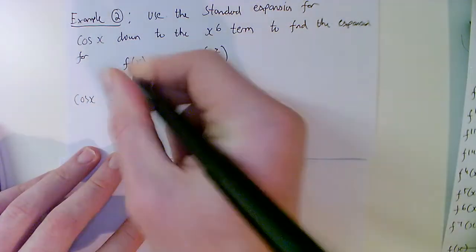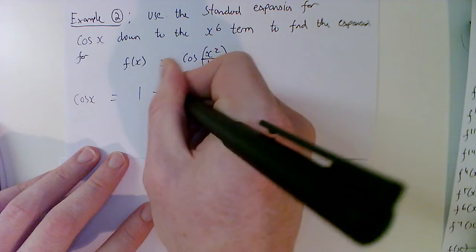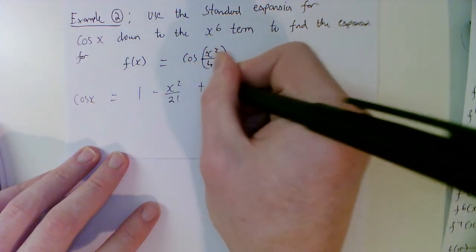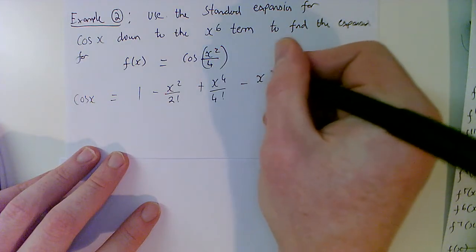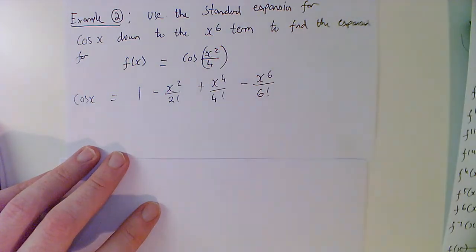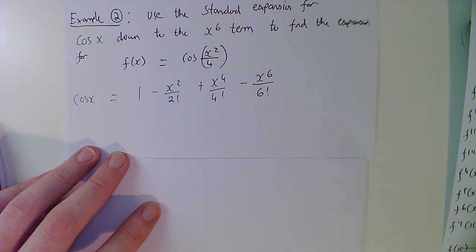So cos x is 1 take away x squared over 2 factorial plus x to the power of 4 over 4 factorial, and I only need up to the x to the power of 6 term, take away x to the power of 6 over 6 factorial. So that's me written down the standard expansion.